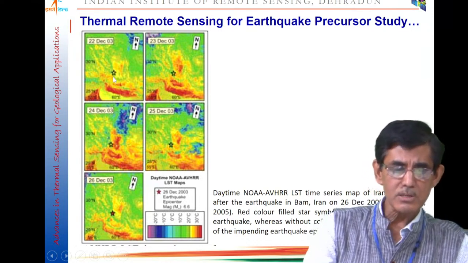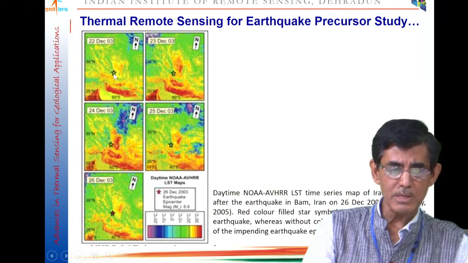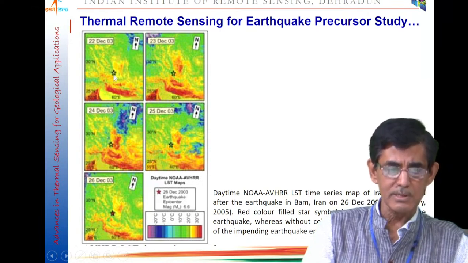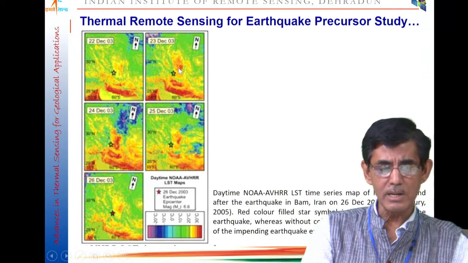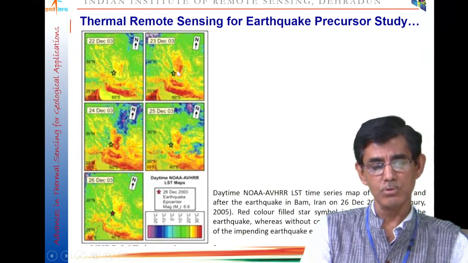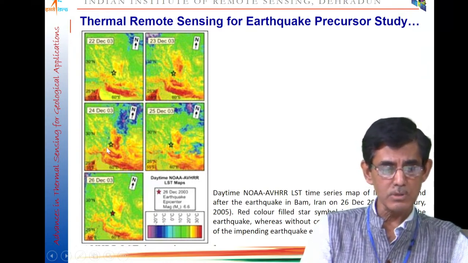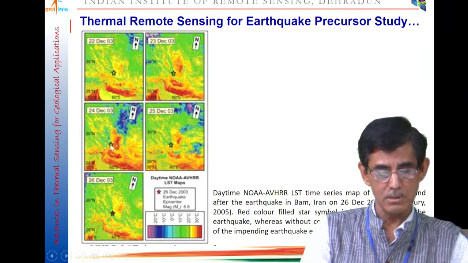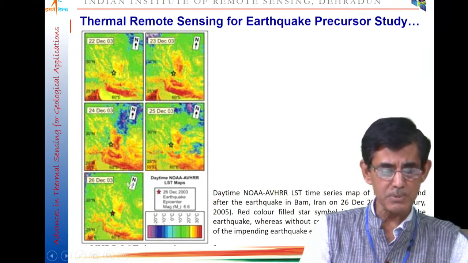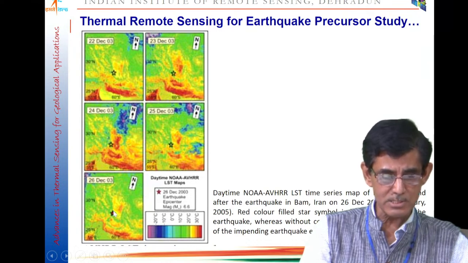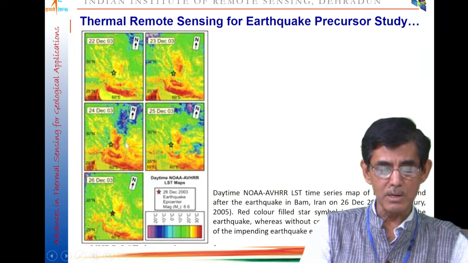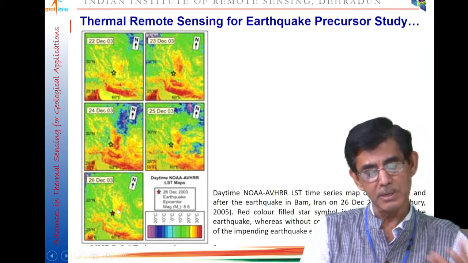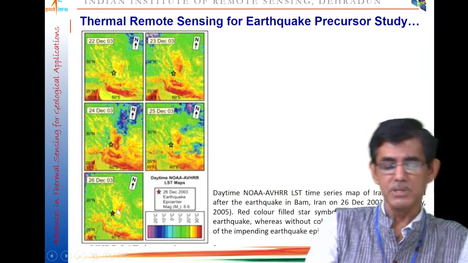This is 22nd December, and in and around the epicenter the thermal anomaly, or high temperature, is not very high. But on the 23rd, you see suddenly the temperature increased very close to the epicenter, and on the 24th it is even closer. But on the 25th and particularly the 26th, just after the earthquake happened, the thermal anomaly, or the increased temperature, is dissipated.